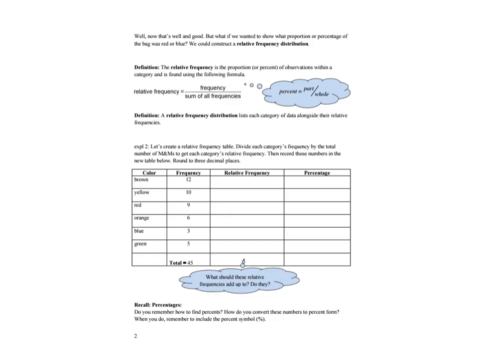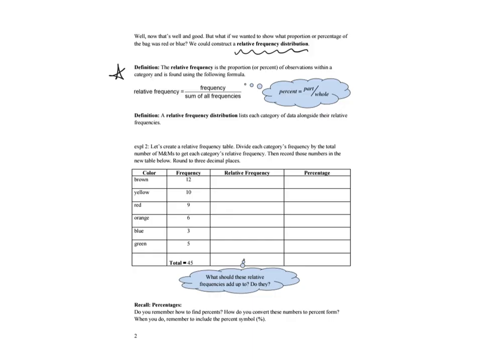Let's step it up a notch. Let's make a relative frequency distribution, and all that means is instead of having the counts, like there's 12 brown M&Ms, there's 3 blue M&Ms, we're going to have percentages or proportions of the total M&Ms.